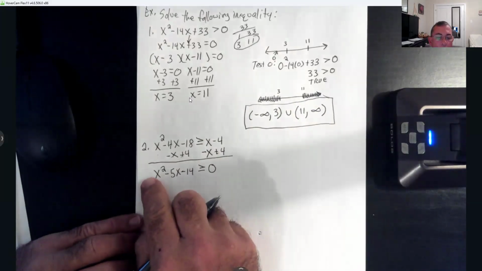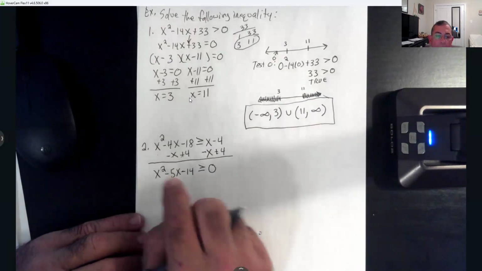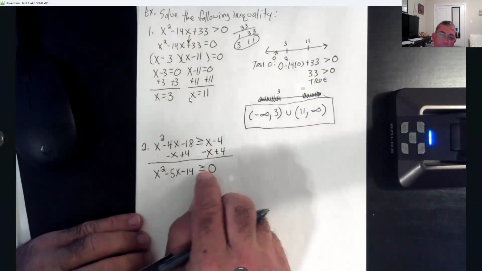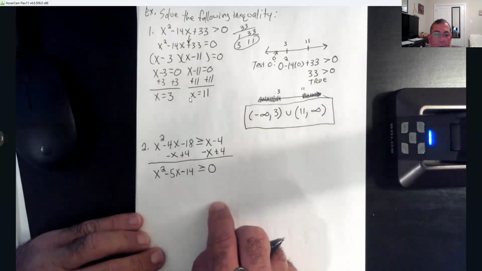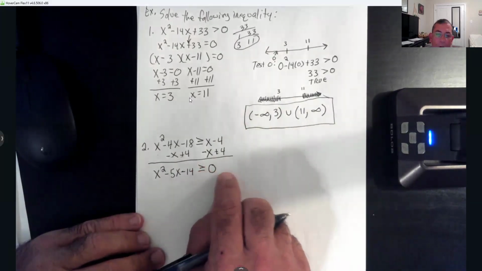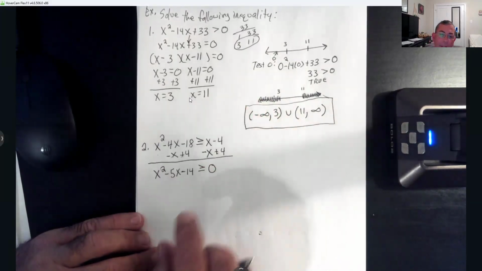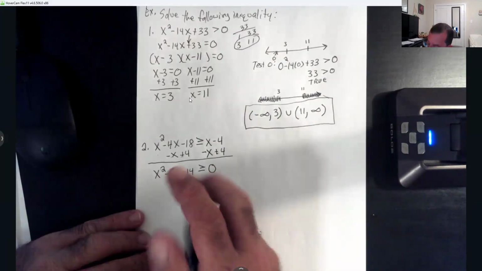At this point, you can graph this in y equals. You can get your two answers, and then you can pretty much tell what's above the x-axis or what's below, because greater than 0 will be all the parts that are above the x-axis, okay? So if you're doing the graphing, you can graph it and pretty much get everything you need.